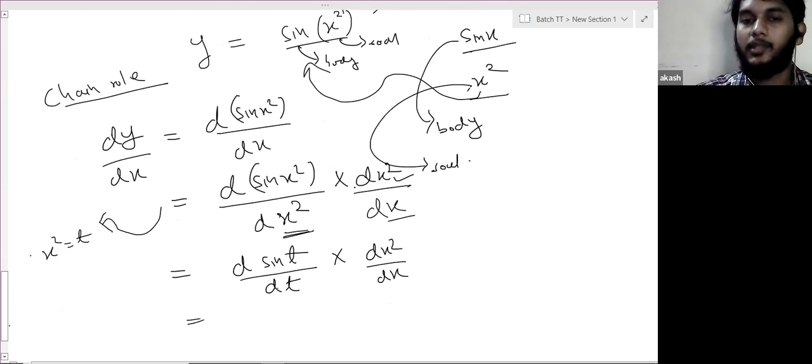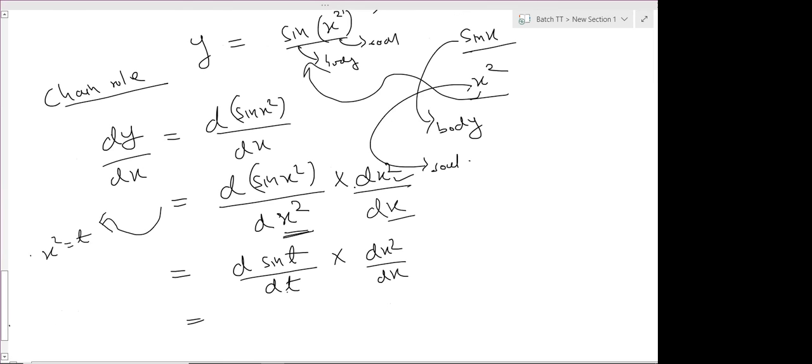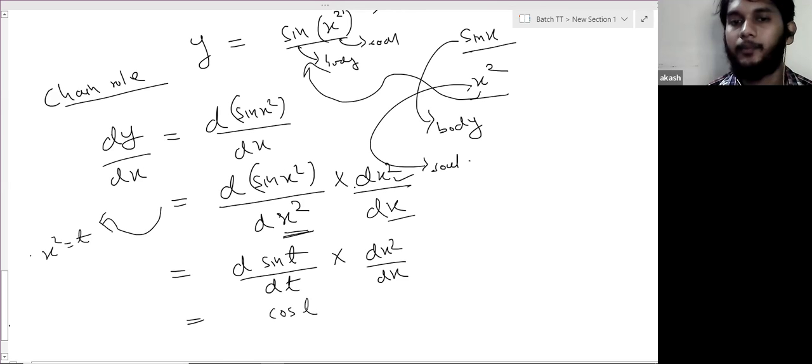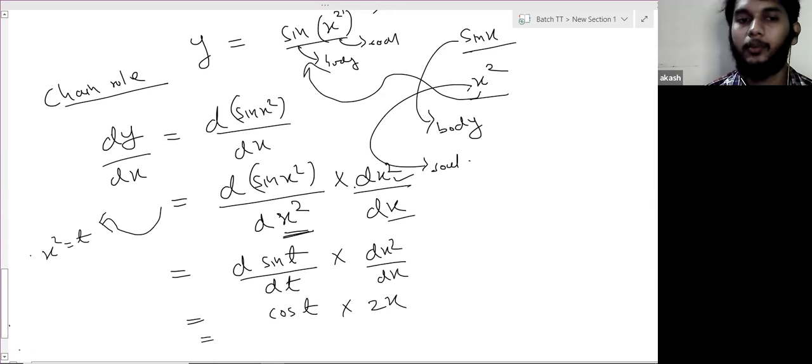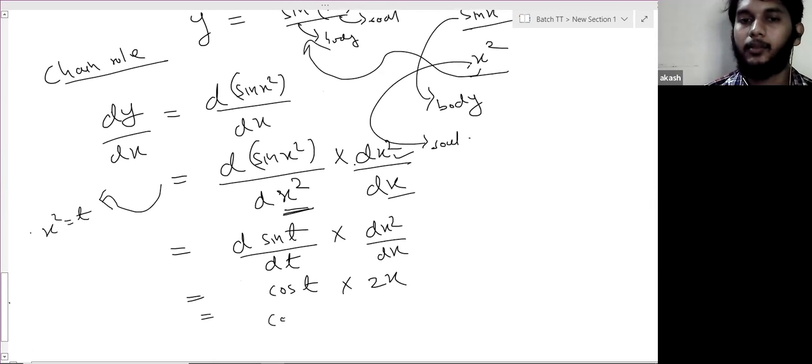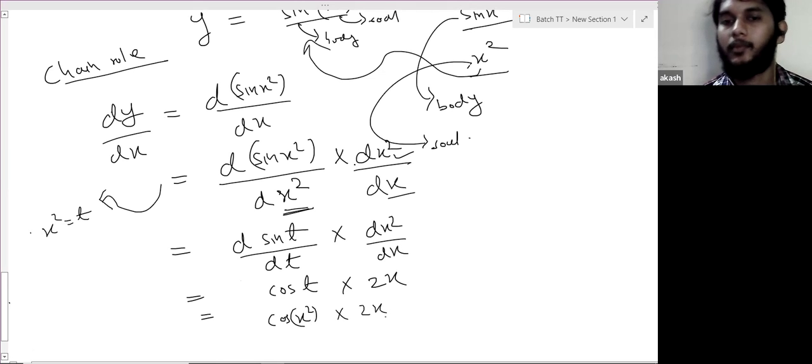Now, what is the differentiation of sine t with respect to t? cos t. Very simple, into differentiation of x square with respect to x, 2x. Now put the value back. This is cos of x square into 2x. All right. This is clear.